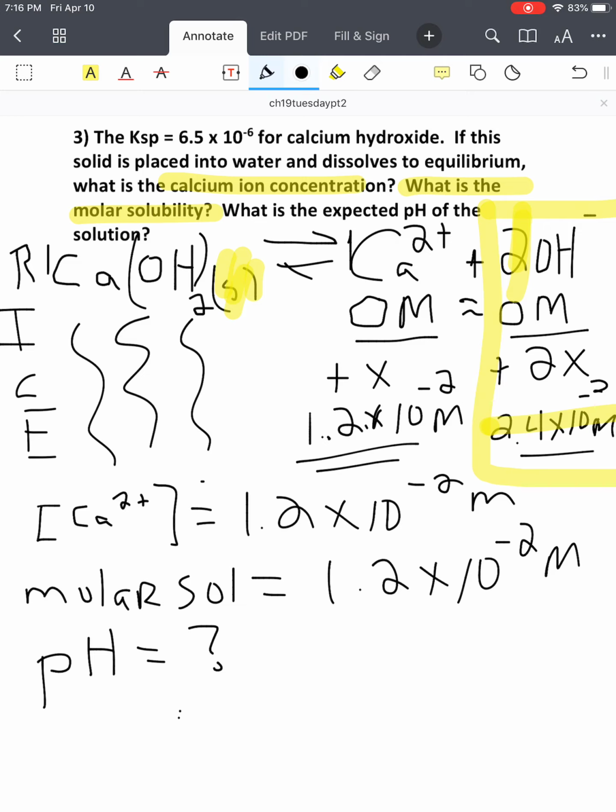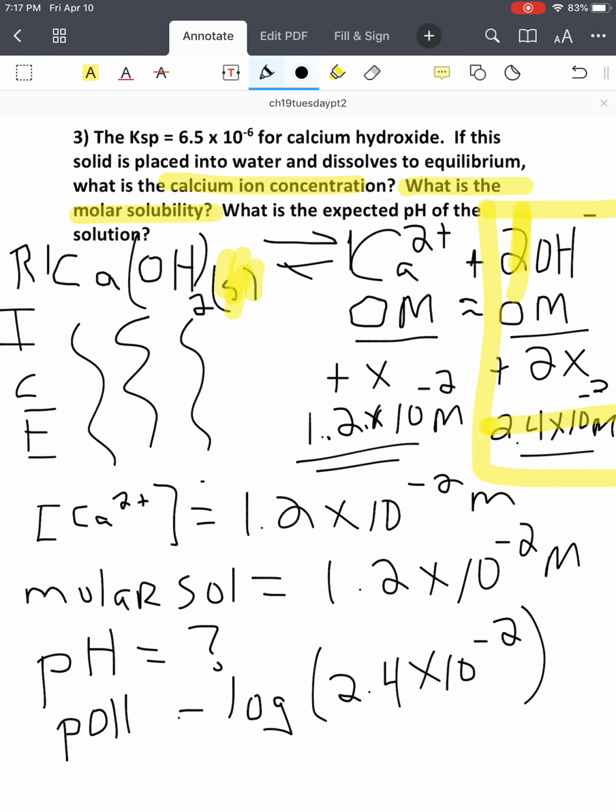So if I took the negative log of 2x, which is 2.4 times 10 to the minus 2, wouldn't that be a great estimate of my pOH? Because remember, pOH is nothing more than the negative log of the hydroxide ion concentration.